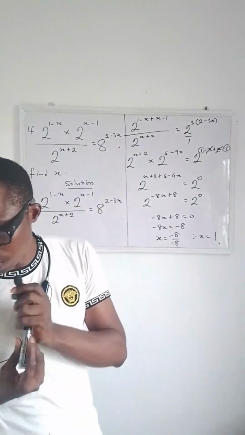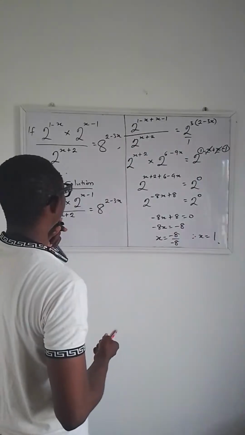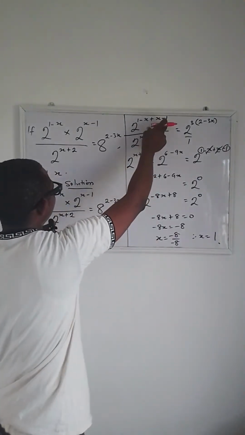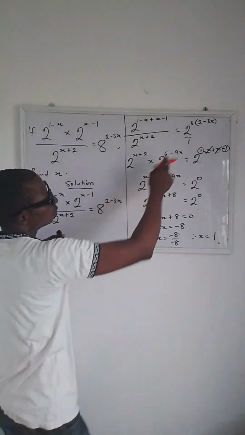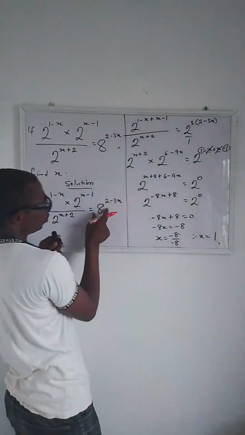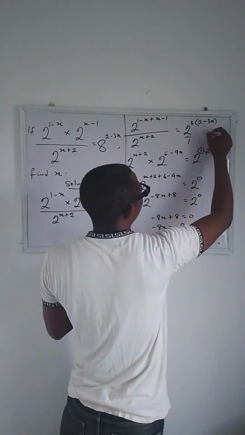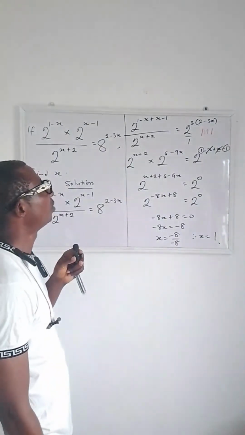All right, so how do we award marks to this question? For expressing this in this form, you have applied law of indices here and also here. You've turned the 8 we have here to 2 raised to the power of 3. So there will be a method mark for that, M1.